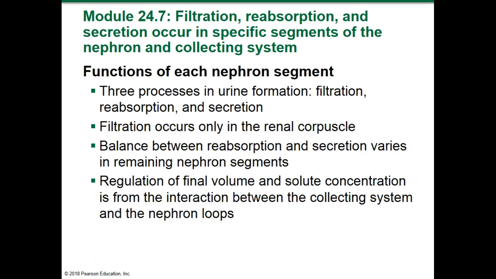You're going to find it really interesting that at points in the segments of the nephron loop, we'll pull things out, and then in the next part, we'll actually basically put them back in. It almost seems nonsensical, but there's real reasons for doing that, and we'll talk about that. Regulation of the final volume and solute concentration is from the interaction between the collecting system and the nephron loops.